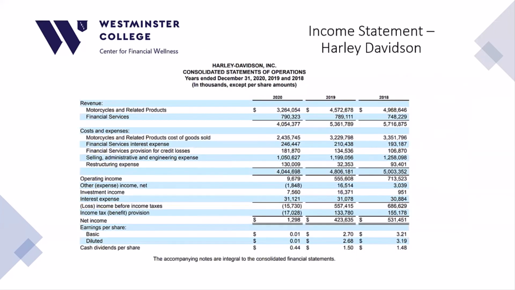So notice here's the income statement again. I didn't mention it, but notice this little annotation down here. The accompanying notes are integral to the consolidated financial statements. That's referring to that 50 plus pages of notes. So there's a lot of information available to you when you want to analyze financial statements.